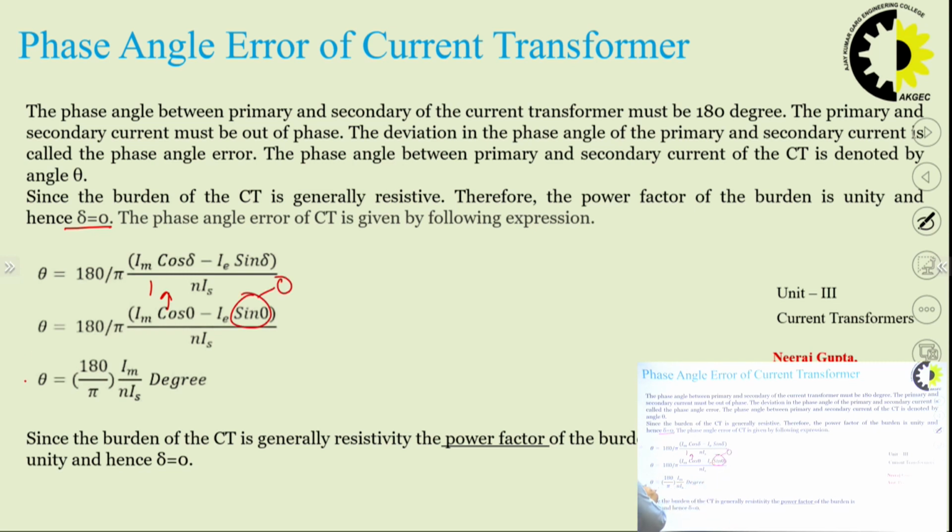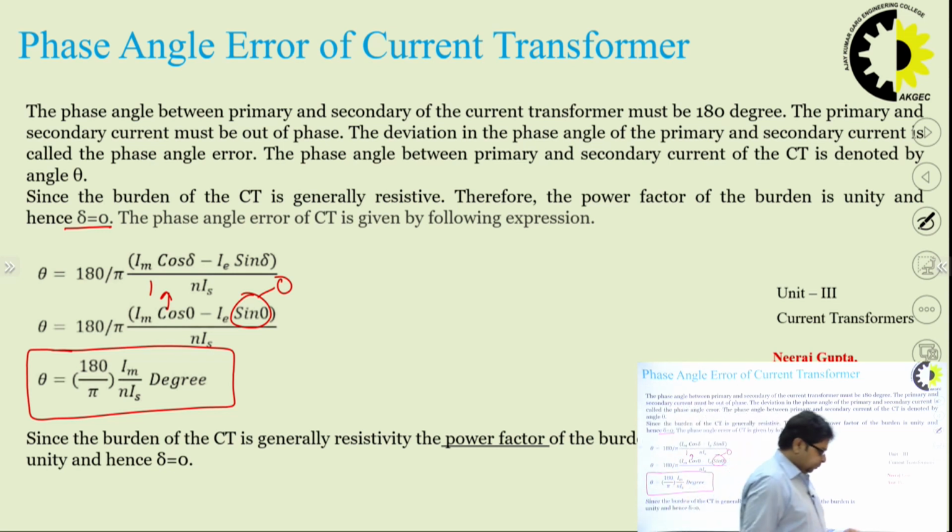So, the only expression remaining is Im by N Is in radians, or 180 by pi, Im by N Is in degrees. Again, it is emphasized that this particular thing is very important to understand.